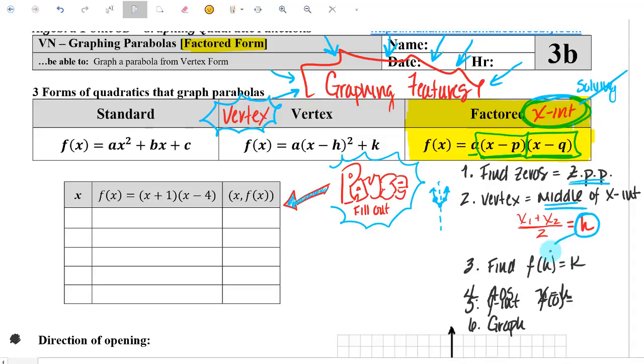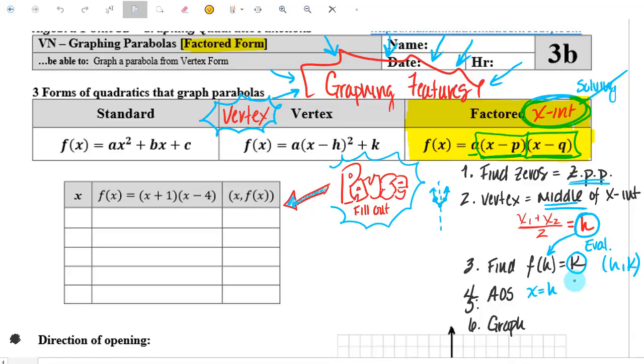So once we have the h value of the vertex, the next thing we're going to do is plug that into our function and evaluate the function at that x value. What's it going to do? It's going to tell us the y value so that we get the point (h, k). So it's going to give us k by evaluating the function at that coordinate for the vertex. And once we have that, now we have the vertex. Then that's going to give us the axis of symmetry, which will be x equals whatever the value of our x coordinate is.